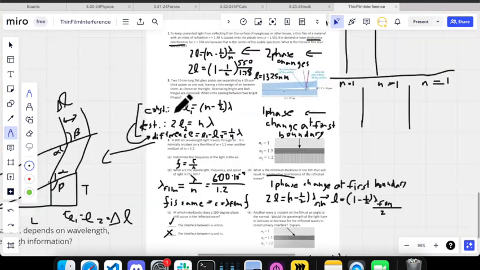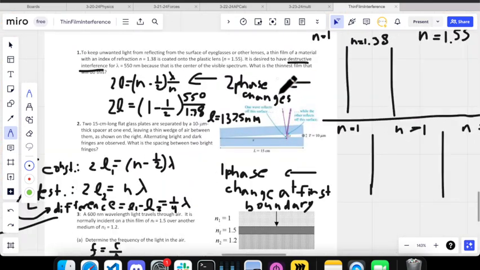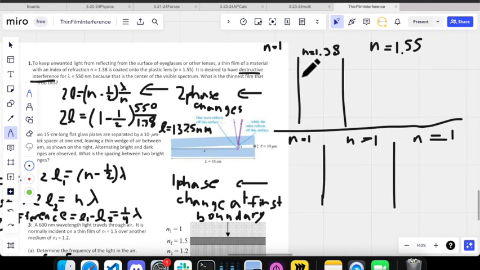Okay, but going back to this question, I'm drawing things horizontally, and I'm labeling the mediums. So we start with air, which we can say has index of 1, basically like a vacuum. Close enough, at least in comparison to other mediums, like this glass and the film.